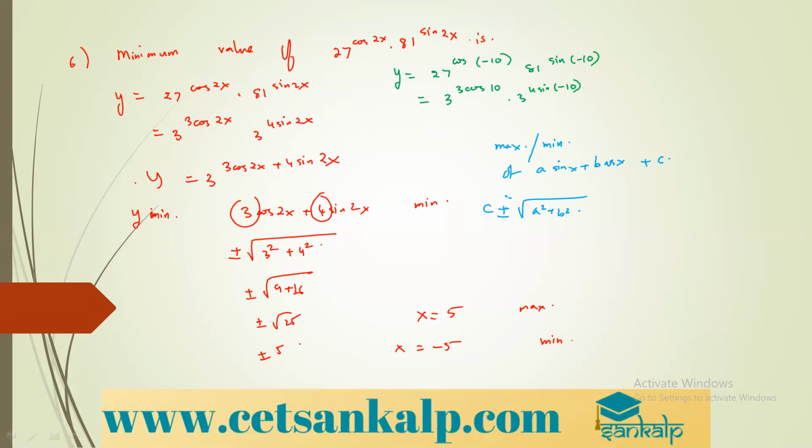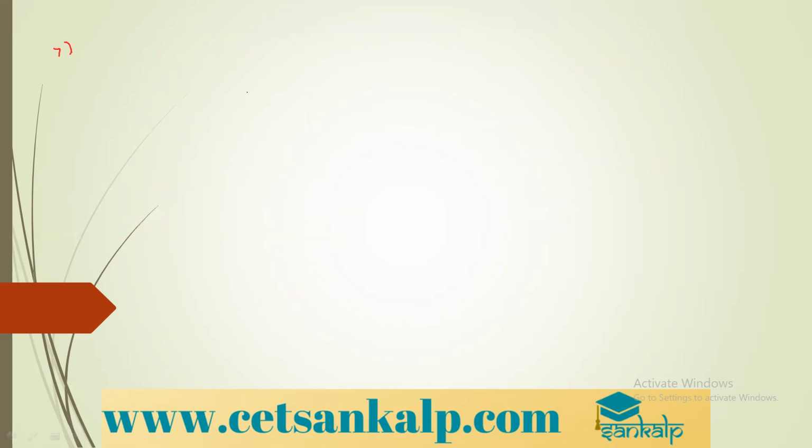So first I will find the values of this. 3 power 3 cos of 10 minus 4 sine of 10. If I find this value, I'll get the answer. So how to find 3 cos of 10 minus 4 sine of 10?